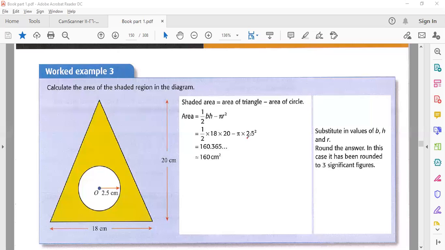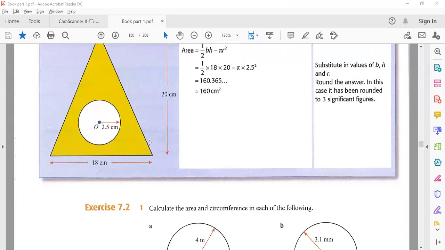This is the area of the circle, and this one is the area of your triangle, that is breadth multiplied by height. Breadth is this and height is 20, so we multiply and you will get your answer, that is 160. Like that we will solve the other questions.